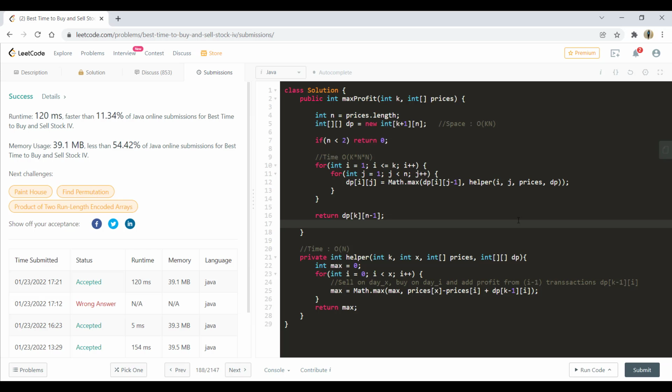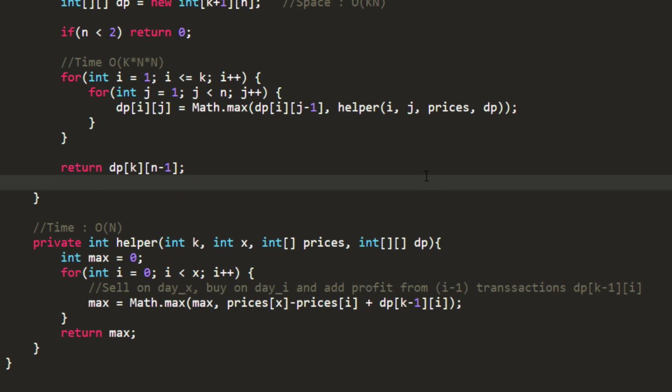Now how can you reduce this time complexity over here? To reduce this time complexity, we have to find some way wherein we can get rid of this helper method. What this helper method is doing is giving us the profit from the current transaction, that is profit from completing or selling it at the current point.